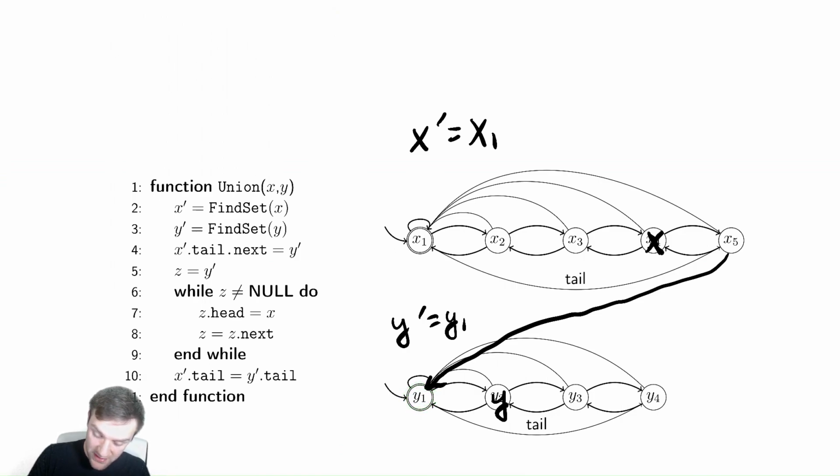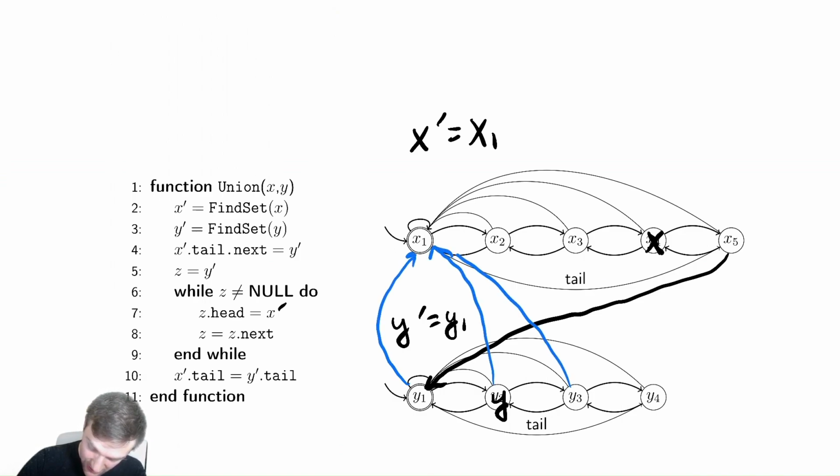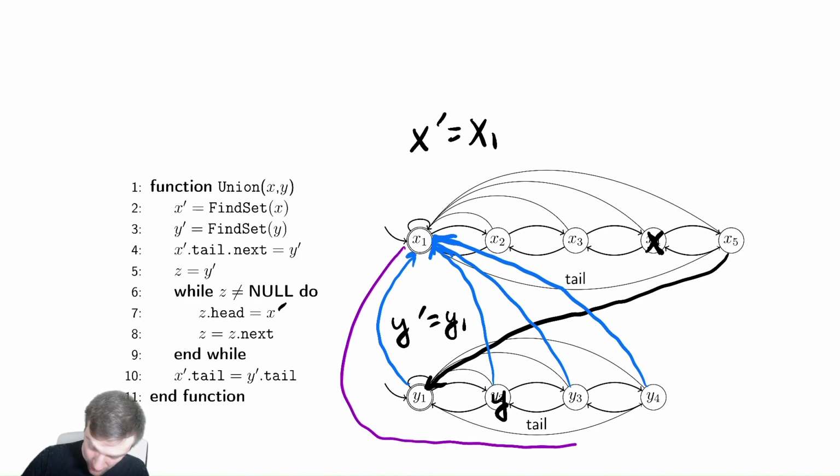We're going to loop until we find null, and we are going to set the head pointer to point at x prime. So we're going to add in a bunch more pointers from here that point up to x prime, all of those being the head pointers that previously pointed at y prime. And then afterwards, we're going to make x prime.tail point at y prime.tail.